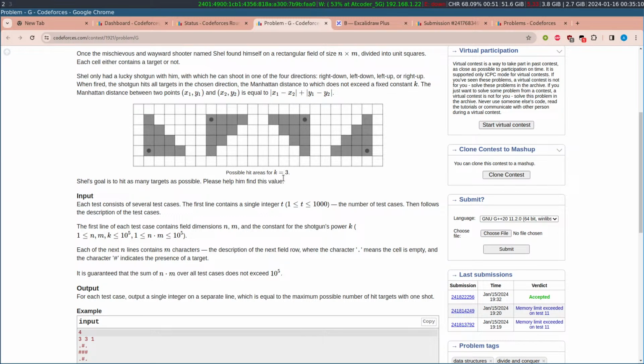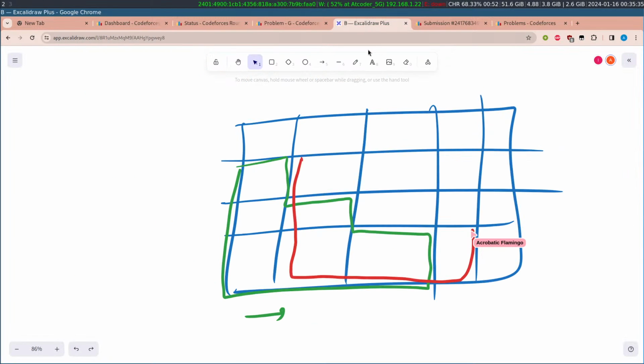Now once we have fixed a particular direction, let's see how the value where we shoot changes. At first this is the area we will shoot, and if we move to the right by 1 point, our new area would be, sorry, looks like I missed the part.